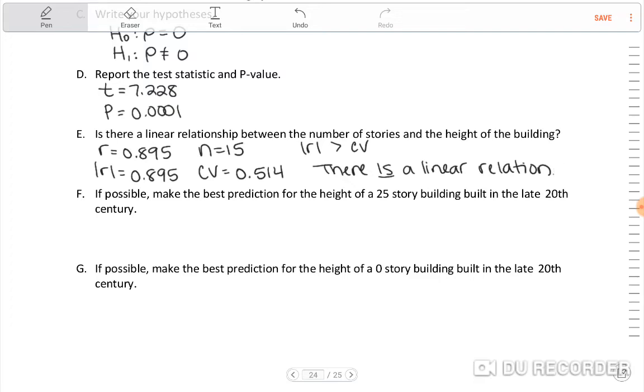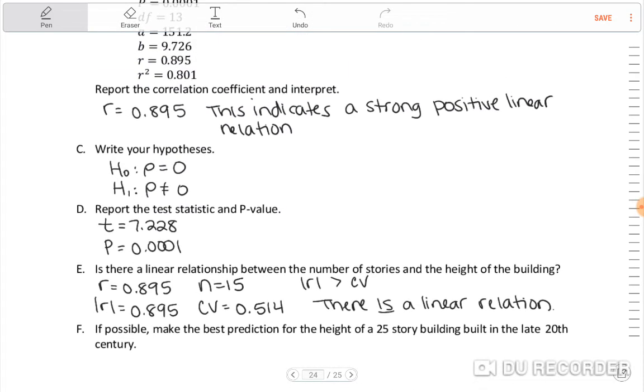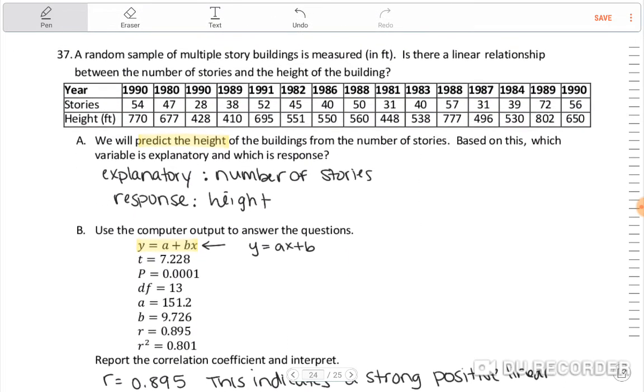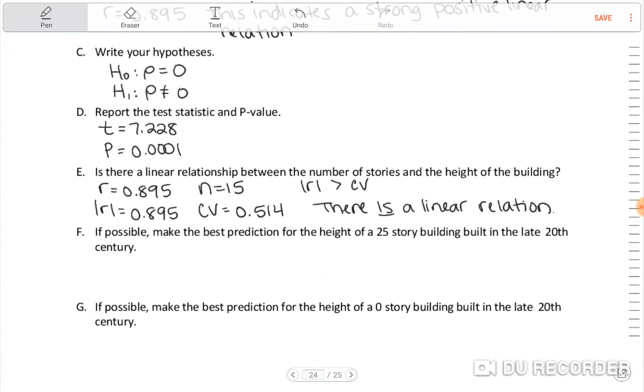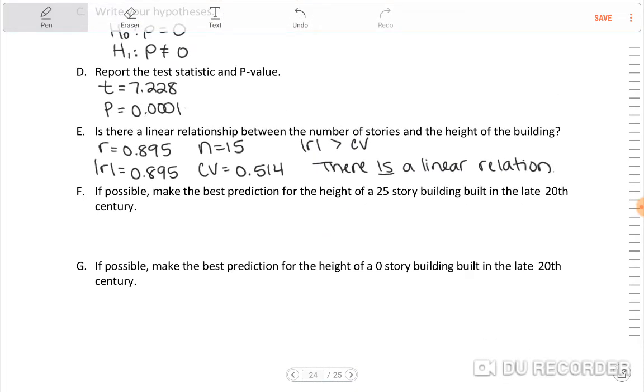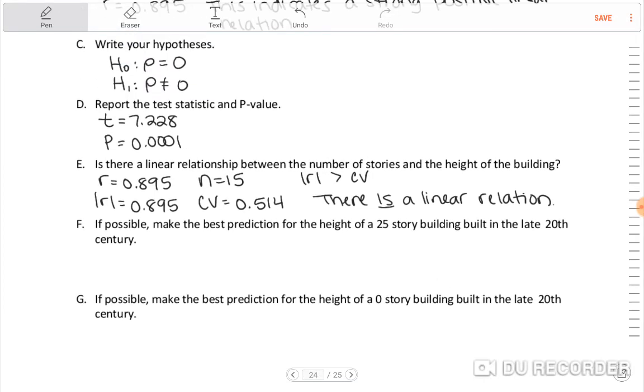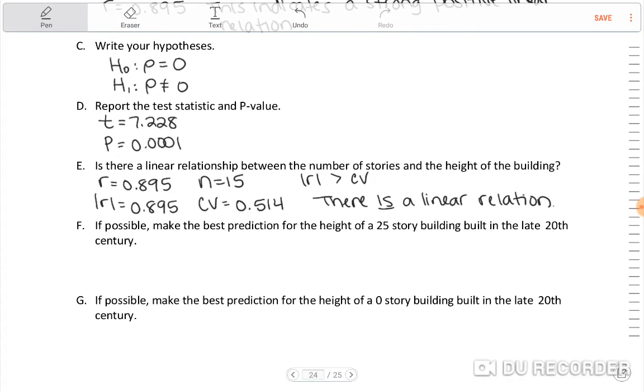Now, if you wanted to go the hypothesis testing way, you would just check your p-value against an alpha, which we default to 0.05. In any case, p is less than any alpha that we would choose, and therefore you would reject the null hypothesis that your correlation coefficient is 0, and therefore saying that it is not equal to 0, thus there must be a linear relation.